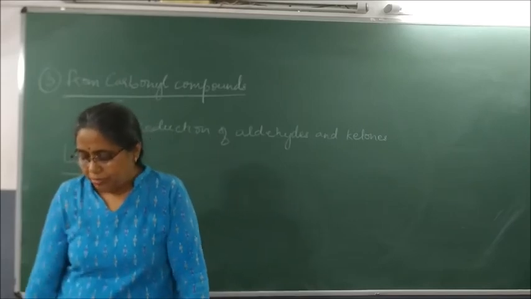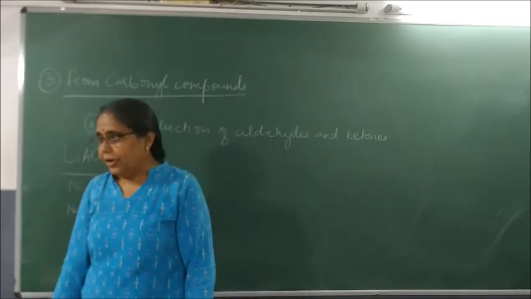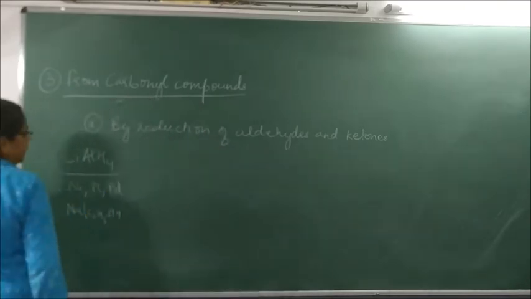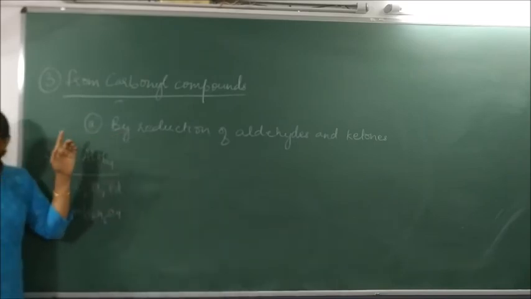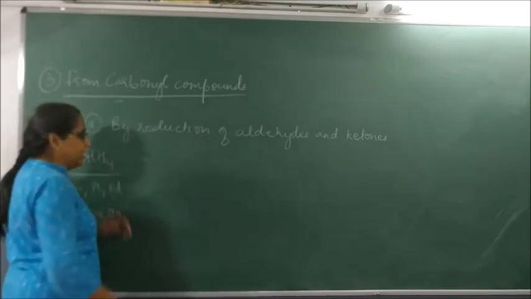Fine. So the first thing we will study is aldehyde. I have told you, when you take aldehyde, which alcohol will you get? Just now I taught primary alcohol from aldehyde. So aldehyde on reduction will give primary alcohol, and ketones on reduction will give secondary alcohol.